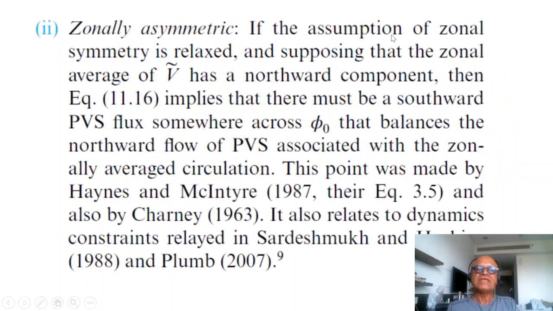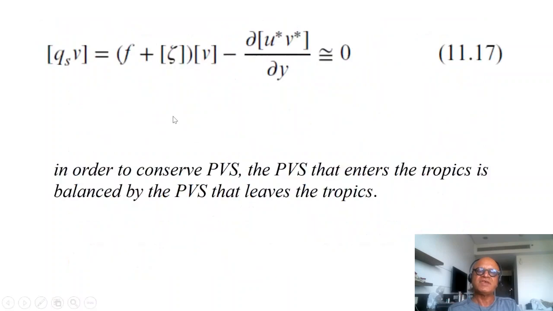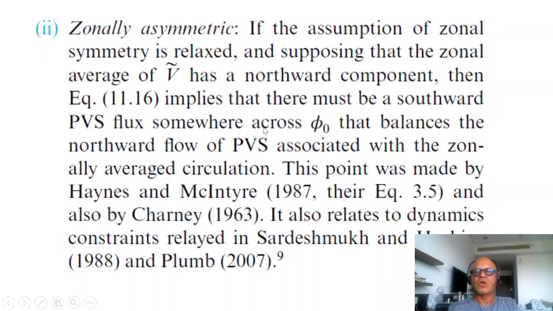Okay, in the zonally asymmetric case, if the assumption of zonal symmetry is relaxed, and supposing that the zonal average has a northward component, then 11.16, the conservation equation, implies that there must be a southward PVS flux across phi 0 somewhere that balances the northward flow of PVS associated with the zonally average circulation.